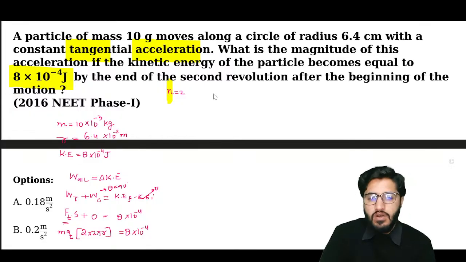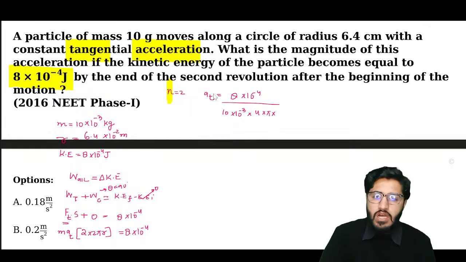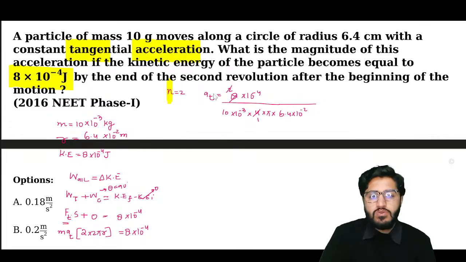Now, so a_T is equal to 8 into 10 to the power minus 4 whole divided by mass. Mass is 10 into 10 to the power minus 3 into 2 into 2, it will be 4 into pi into r. What is r? r is equal to 6.4 into 10 to the power minus 2. 4 ones are 4, 4 twos are 8. Okay, 2 ones are 2, 2 fives. 2 ones are 2, 2 twos, 2 threes are 6, 2 twos are 4.